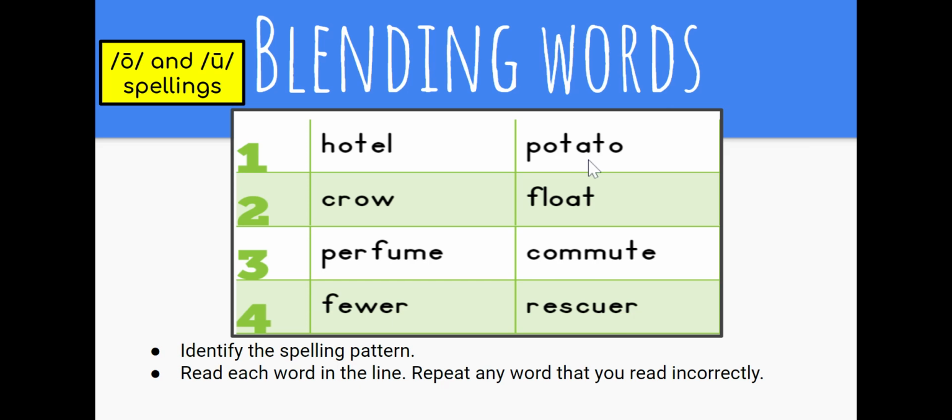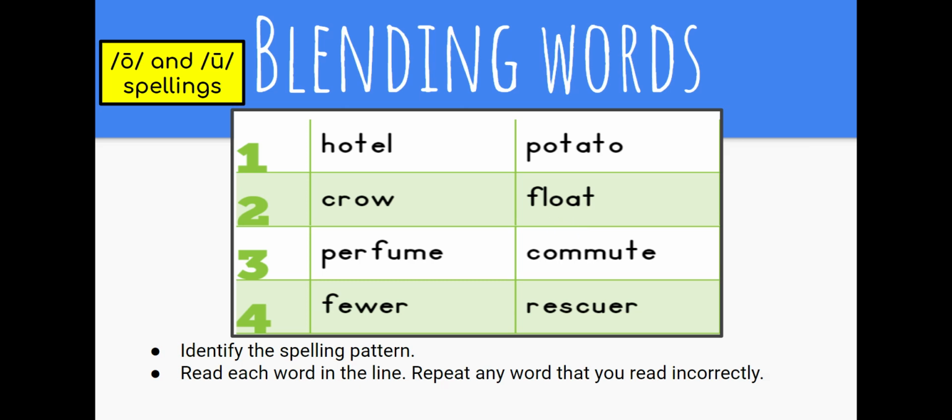This is a multisyllabic word. The O in this word that makes a long O sound is here, one single O. Looking at this word, you've got it. OW says O. And in this word here, we've got OA. OA says O.